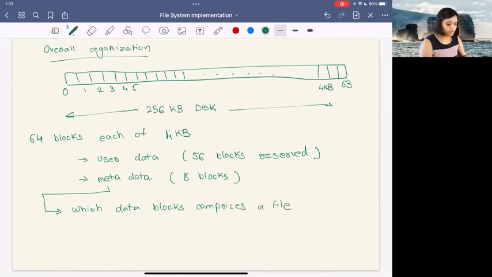Let's say if the user says that I want to read file foo.txt. So we should know what are the blocks in which this foo.txt is stored, right? Things like its owner and access permissions.